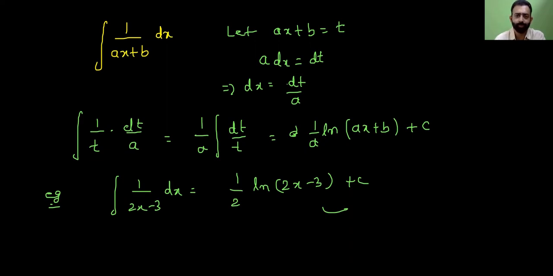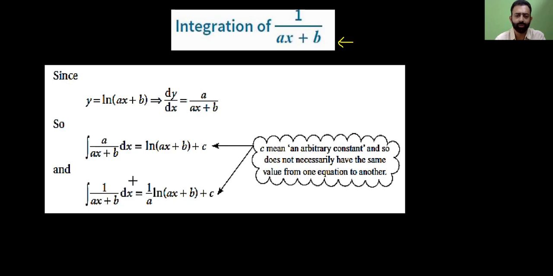So this is given like this. Evaluate this. You can quickly write that this has to be 1 upon 5 log of 5x plus 3, writing the lower limit as 0 and the upper limit as 2.